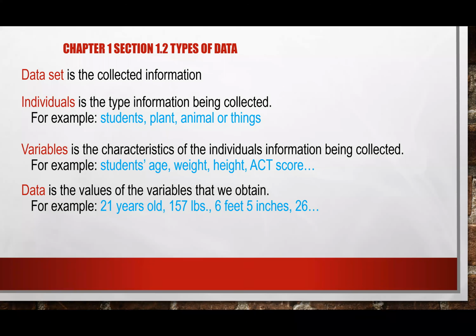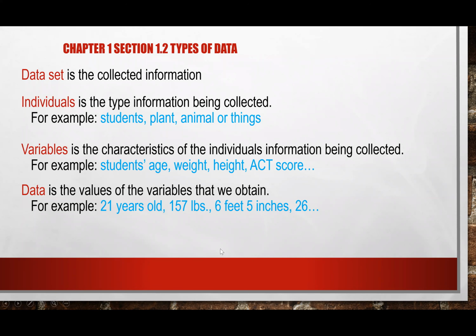If you look at this, if you came from 120, just imagine a Venn diagram. The central, smallest circle is your data. Then the variable is the second circle that includes the data, which is the name of what you want to collect. The individual is outside that, and the data set contains all of this. So the outer layer, the inner layer, and the most inner one is your data.